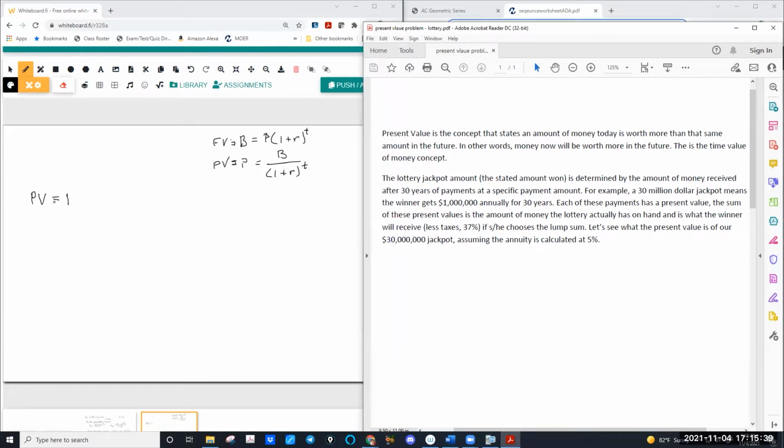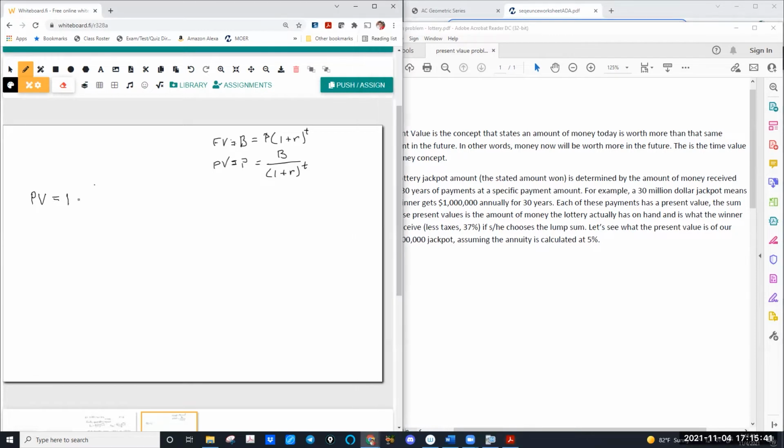Well, he's also going to get $1 million a year from now. But that $1 million is going to have 1 year to accrue interest. And we're going to do this at 5%. So 1 plus 0.05 to the first. That's the present value of $1 million a year from now. Now we can see that the 1 plus 0.05 is 1.05. So that's going to be the 1 plus r for all of these.